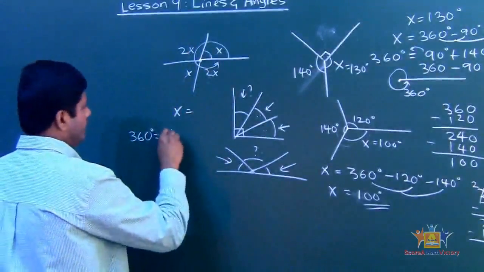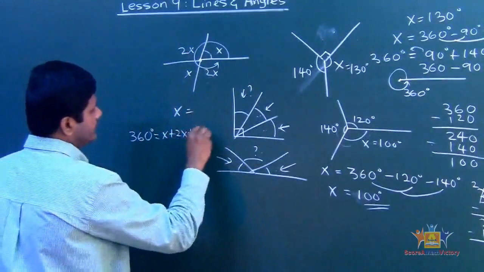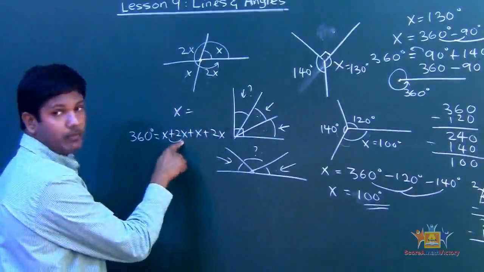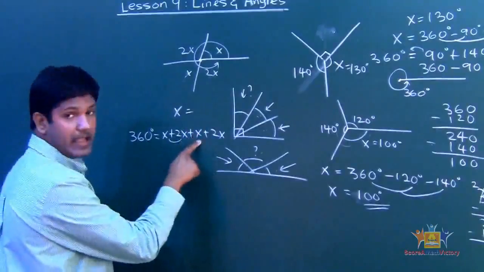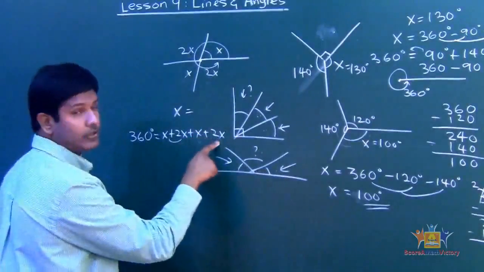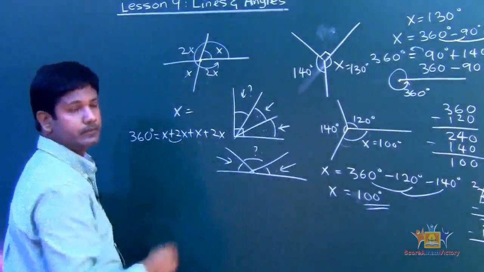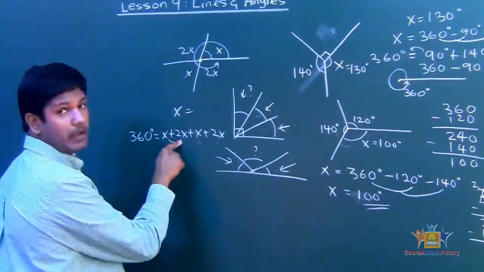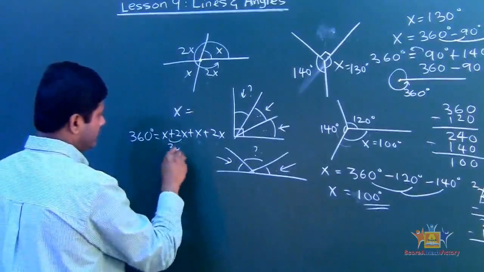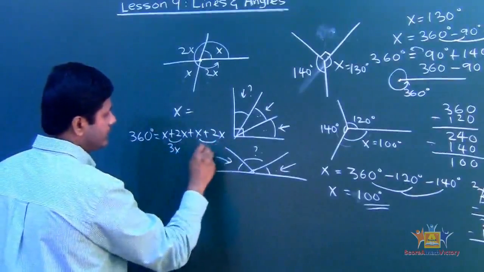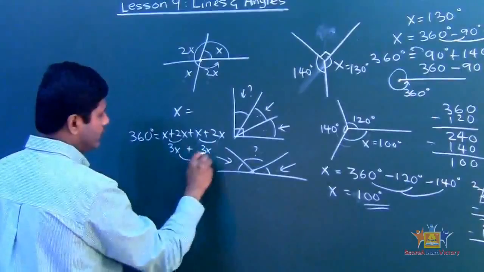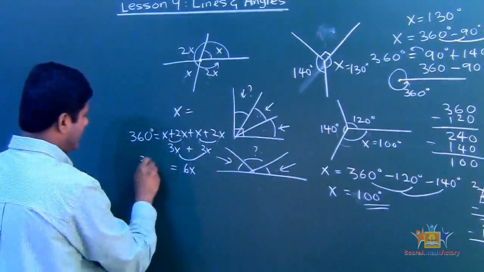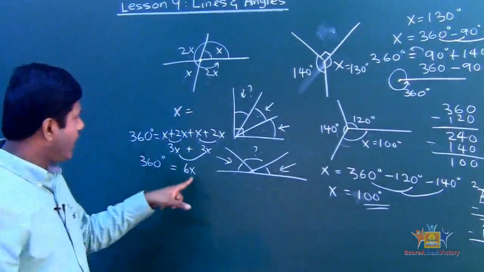That means this is 1 apple plus 2 apples, 3 apples, plus another apple, 4 apples, plus another 2 apples. So 1 apple plus 2 apples is 3 apples, and 3 apples plus 3 apples is 6 apples. See that? And I'm looking for x.